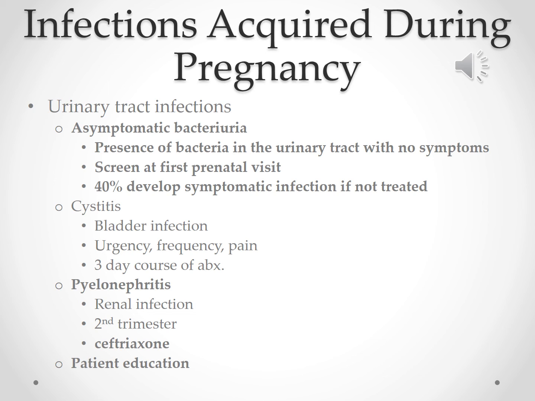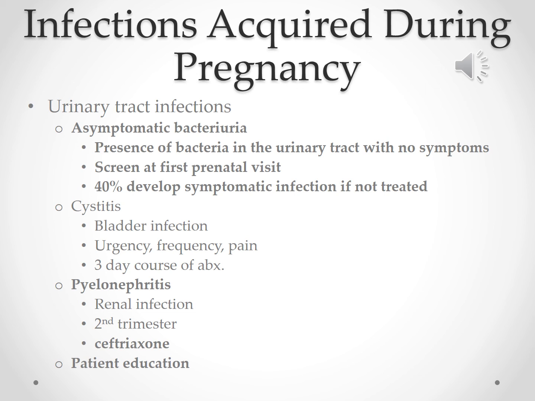Pyelonephritis is one of the prime reasons that women get admitted into the hospital, especially in their second trimester. If you don't treat pyelonephritis and get it under control and cured, you can actually run the risk of preterm labor and preterm birth as a side effect of the pyelonephritis. So very, very important to make sure that you manage the urinary system well.